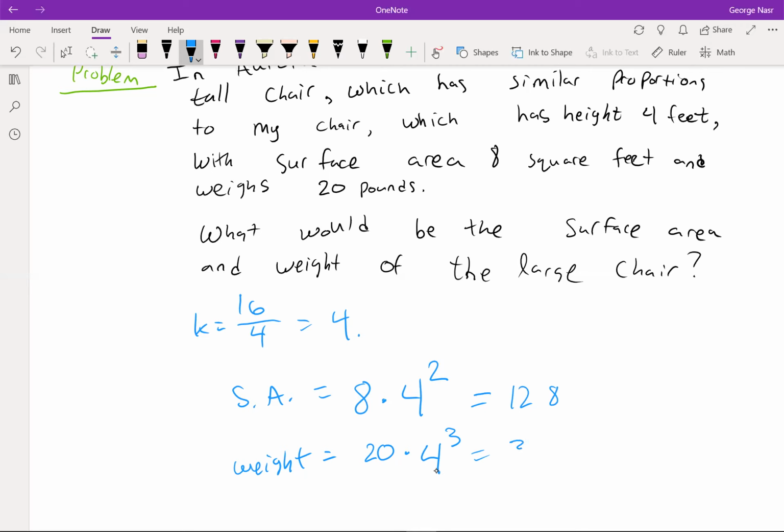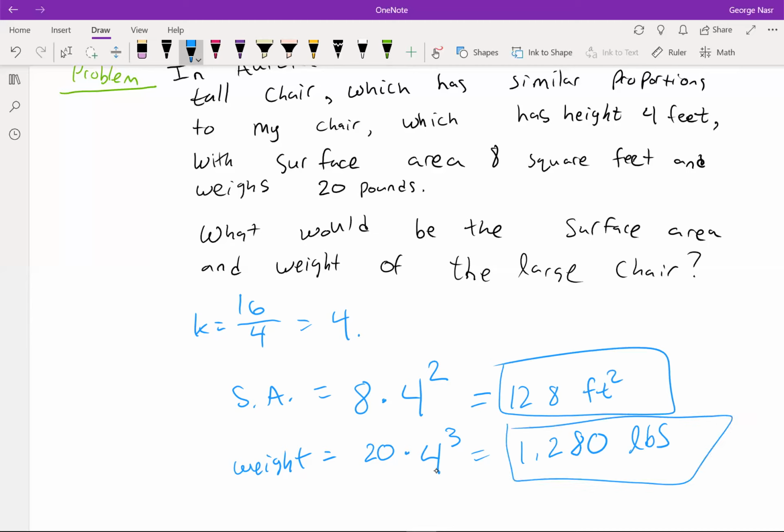Okay, sorry, I was having an argument with my calculator. And units, right? We need units. So this is square feet. There we go. So 128 square feet is the surface area of the chair, and 1,280 pounds is the weight of the chair. Okay, there we go.